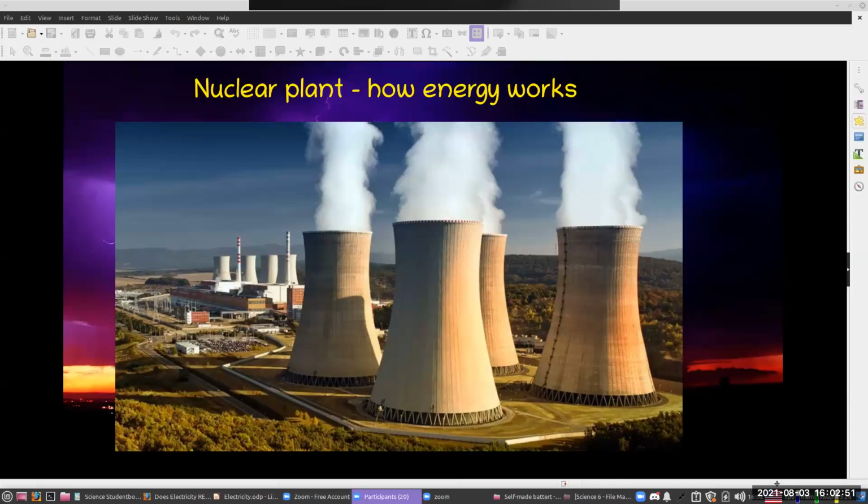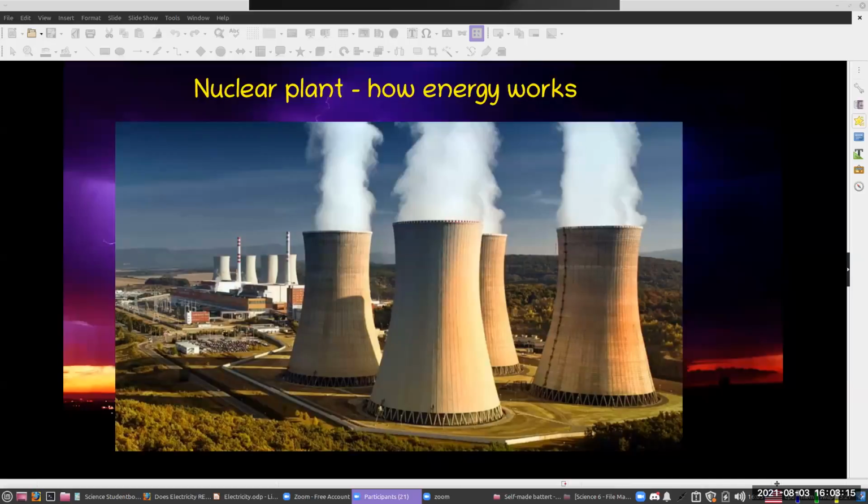Imagine you heat up water to a very high degree, you get steam. So we use, as an example, uranium, the splitting of uranium, the atomic energy, the nuclear energy, to heat up water to a very high degree and make steam out of that.